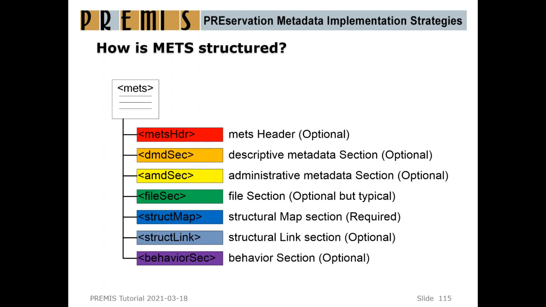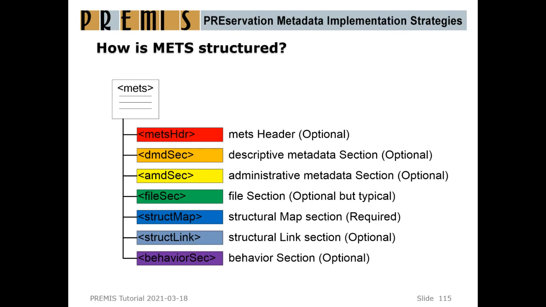Then you have the descriptive metadata section, where you can link to something like a MARC record, an EAD record, depending on what standards you are using. The big, for us today, interesting part is the administrative metadata section. I'm coming back to that one in the next slide.